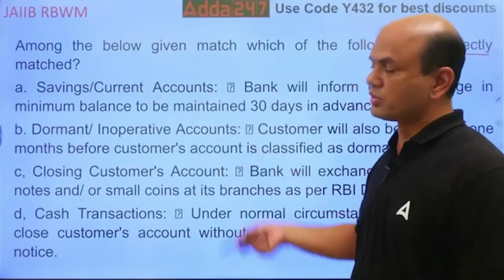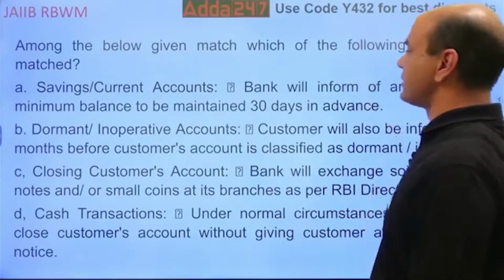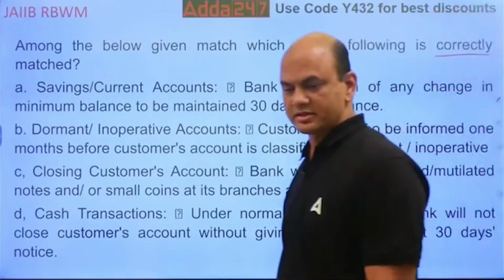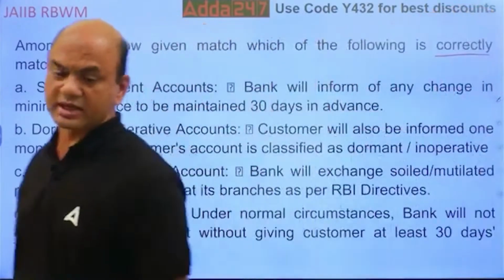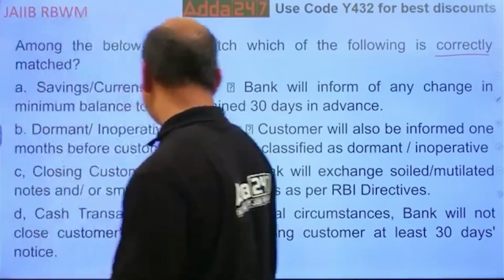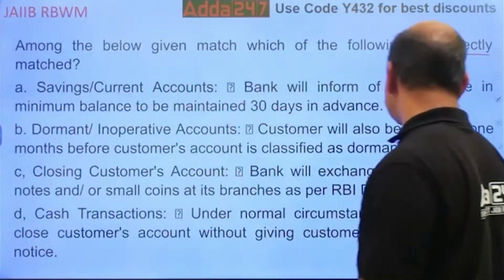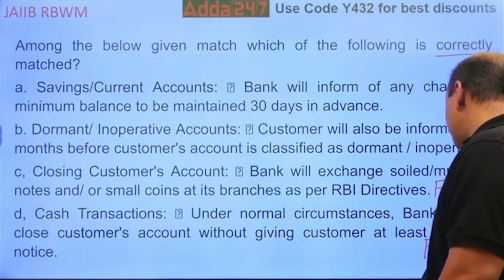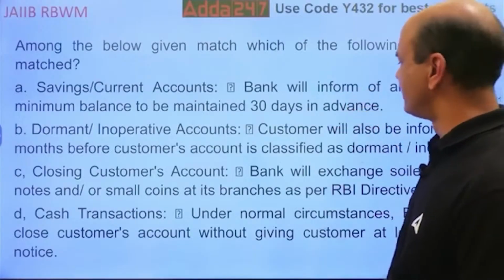So which one is true over here? You want correctly matched. Think over it. See, obviously C and D are out. C and D are not correctly matched. So this is false. You have to think between A and B only.